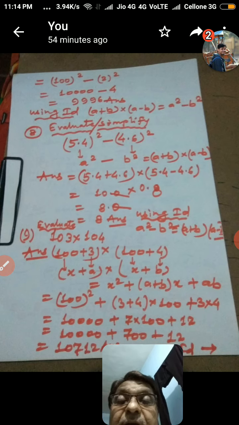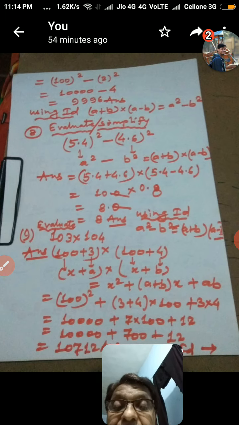So the question is now in the form of a square minus b square. See here, the third identity we are having, but not in that form. It is now in reverse form.